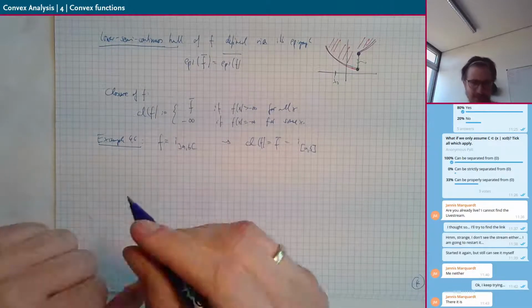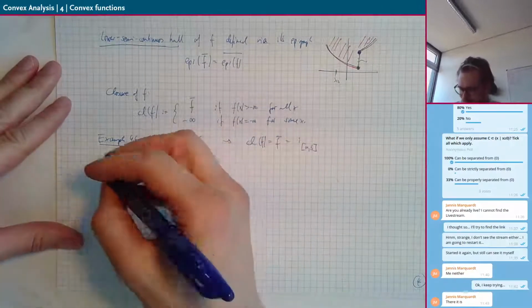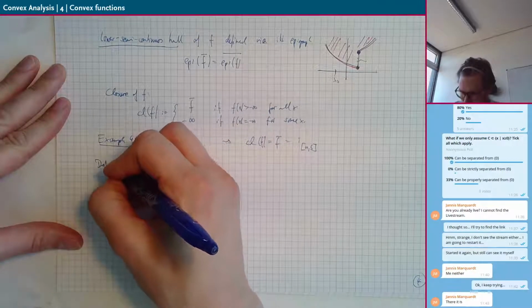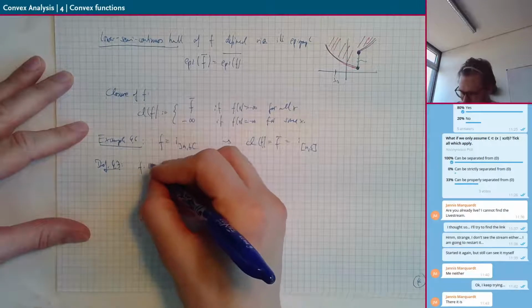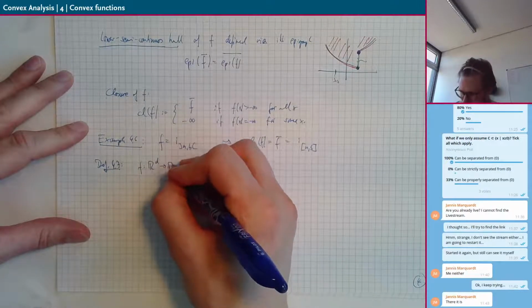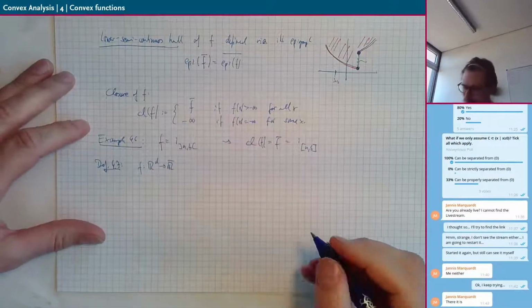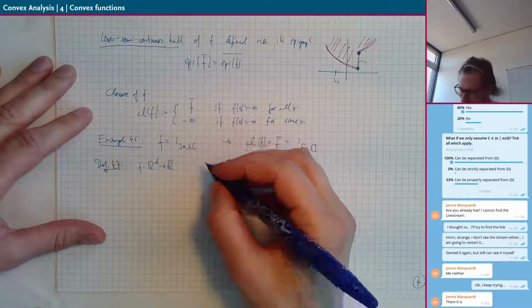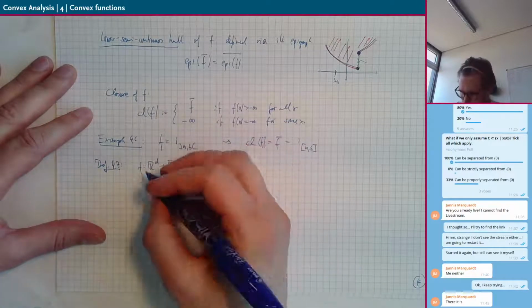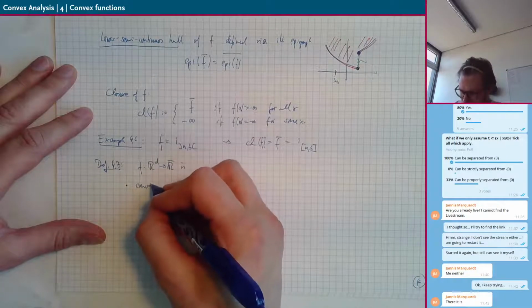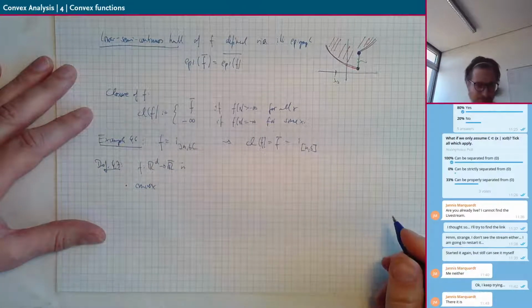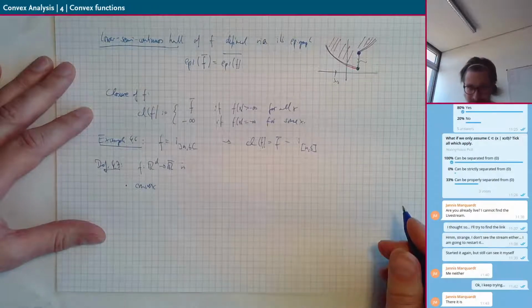So, finally the definition of convex function. Definition 7. If we have a function from Rd to R bar, then we say what this function is. First point: it's convex, and we basically do it like convex sets.